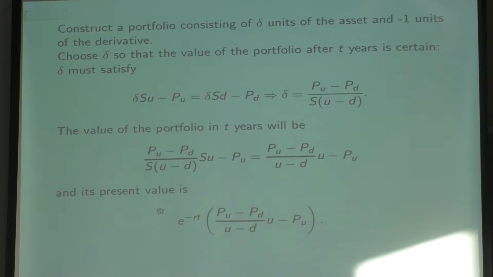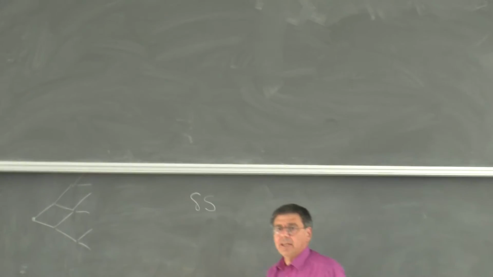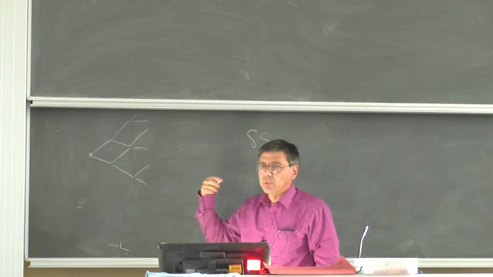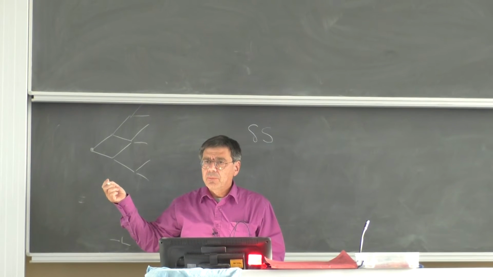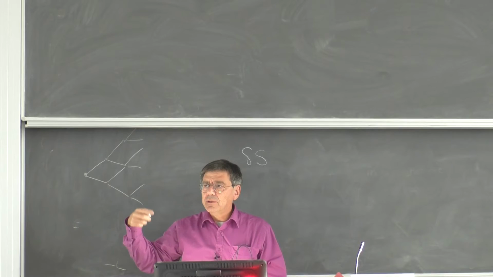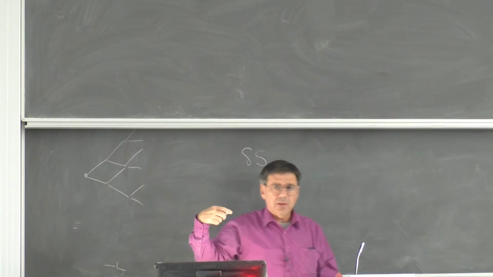shares. Now the shares are worth S, which is what we call the spot price of the underlying asset. So this is how much I spend to buy one, and this is how much I spend to buy delta. And I'm going to have to buy -1 derivative. If we call the price of the derivative x, then buying -1 derivatives is the same thing as issuing a derivative.